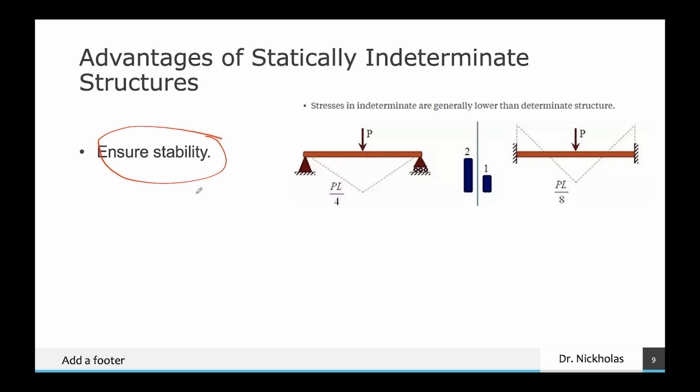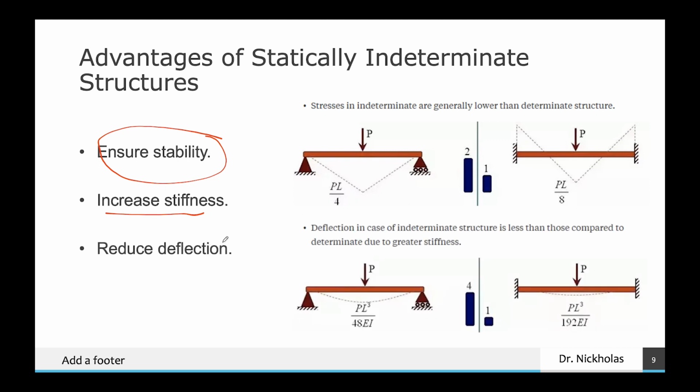Second is to increase the stiffness. By increasing the stiffness of the structure, it can reduce the deflection. For example, in this case, the structure with determinate support tends to deflect more compared to the structure with externally indeterminate support.